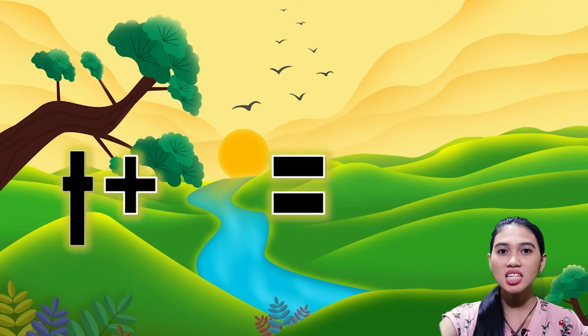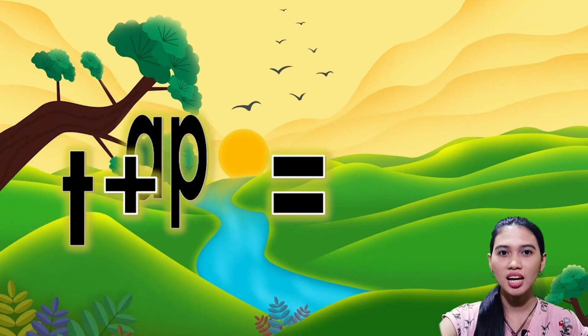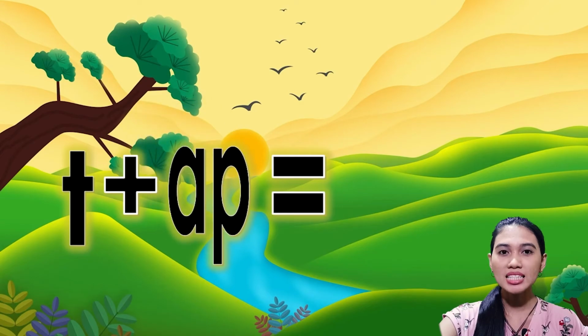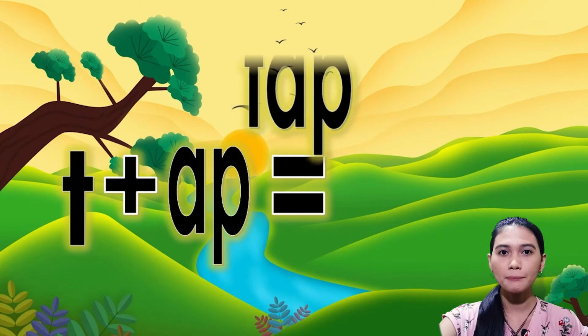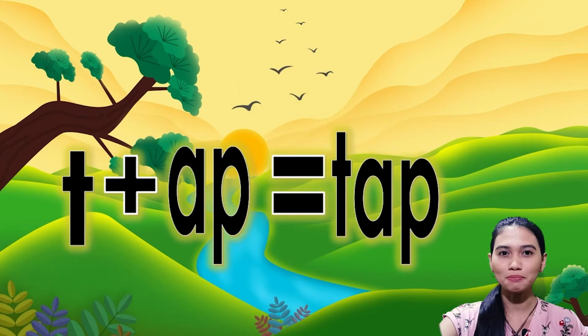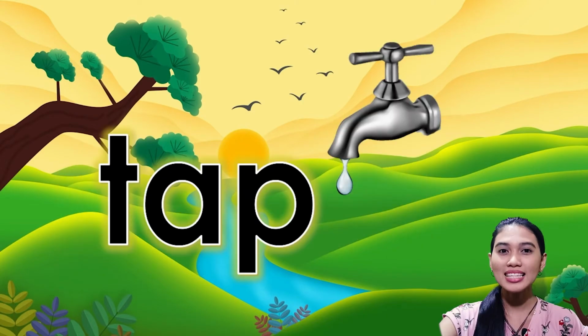T, t, t. Ap. T, ap. Tap. Read the word again. Correct. Tap. Let's read again the words, but you have to read them first.